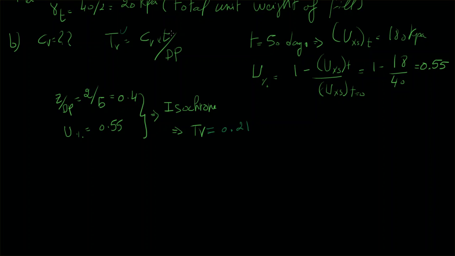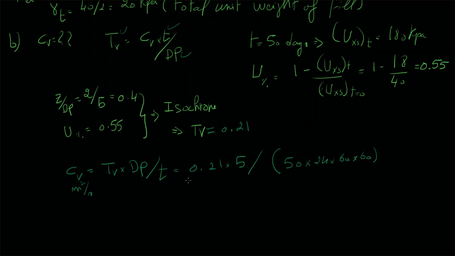So now we're back here. We've got TV, we've got time, we've got dP. We can work out CV. So CV is TV times dP over time. So TV is 0.21 multiplied by dP, which is the total height of the clay layer because it's one-way drainage. And T, again, T should be in seconds because CV is in meters squared per second. So T is 50 days times 24 hours a day, 60 minutes an hour, 60 seconds a minute.